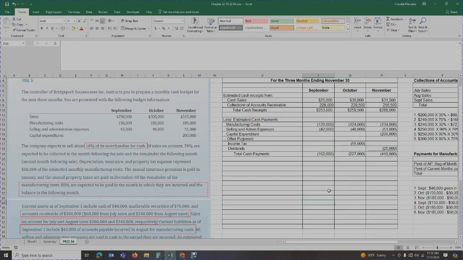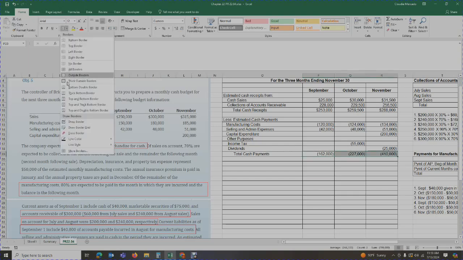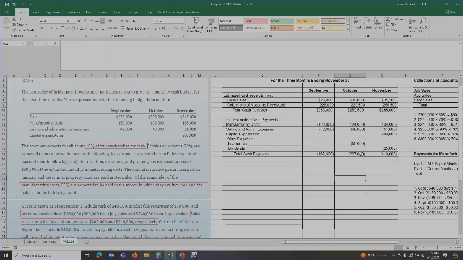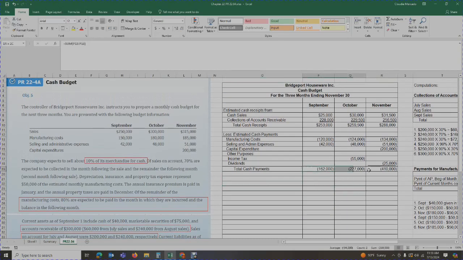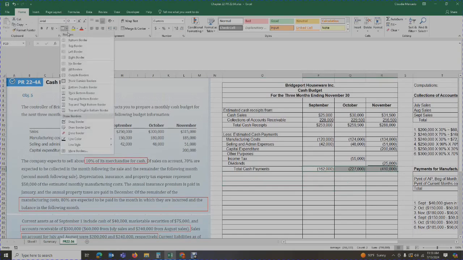And that gives me $162,000 for September, $227,000 for October, and $410,000 for November. Okay. So that is what we have currently.